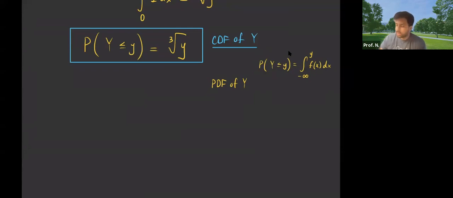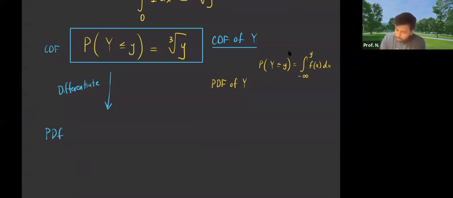So do you see that? The CDF becomes the PDF when I differentiate. That's how they're related, right? Normally we start with the PDF, integrate, and you get the CDF. Well, if I had the CDF, how do I get the PDF? Differentiate.